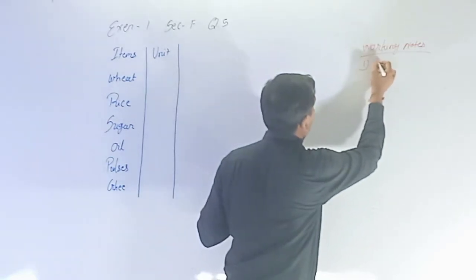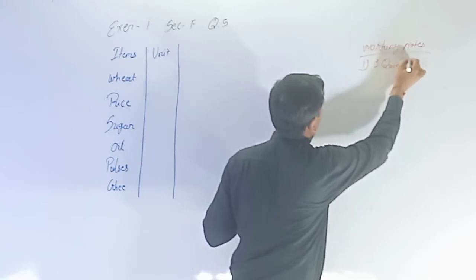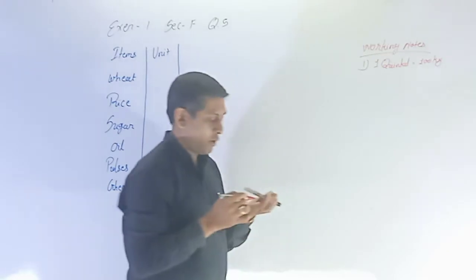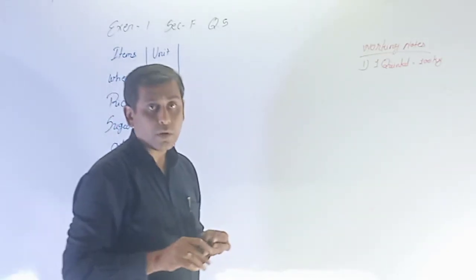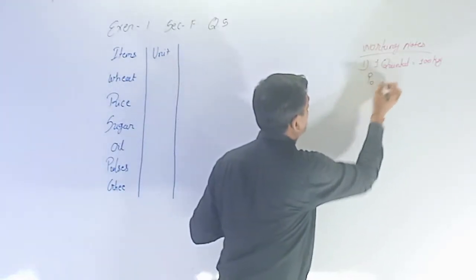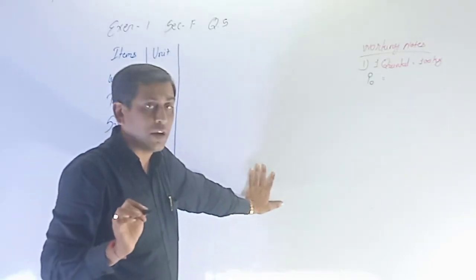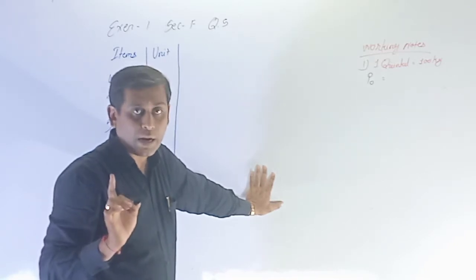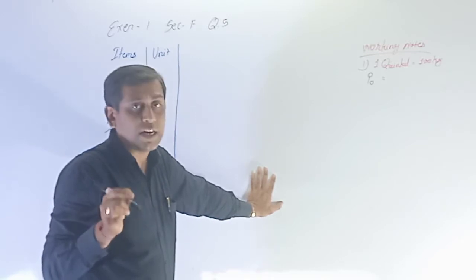So first of all we have to convert that. 1 quintal is equal to 100 kg. So we have to find out the price of the base year as well as the price of the current year, converting quintal into kg. We have to convert the unit column quintal into kg.